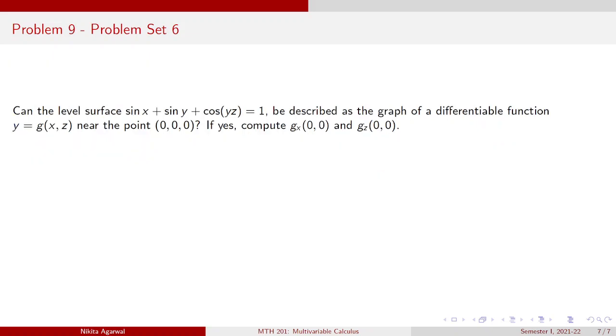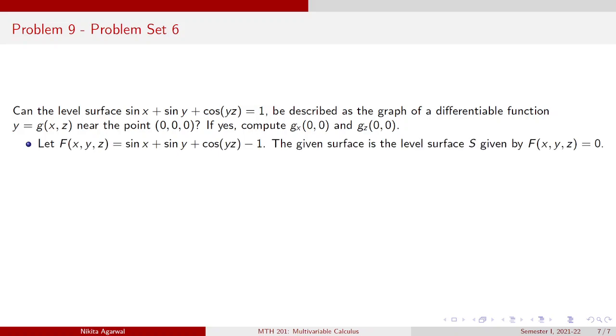Let us look at another example, which is problem 9 in problem set 6. The question is, can the level surface sin x plus sin y plus cosine yz equal to 1 be described as the graph of a differentiable function y equal to g(x, z) near the point (0, 0, 0)? If yes, compute the partial of g with respect to x and partial of g with respect to z at the given point.